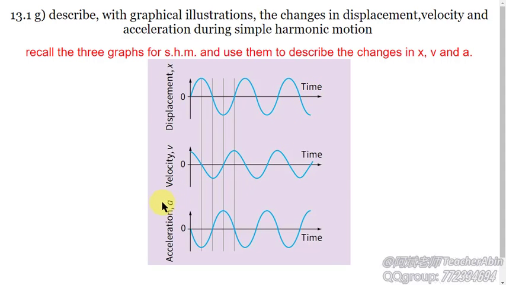And deducing a from the x-t graph is much easier. We know that a is equal to negative kx, where k is a constant whose value is positive. So the magnitude of a is proportional to that of x, but the direction of a is opposite to that of x.